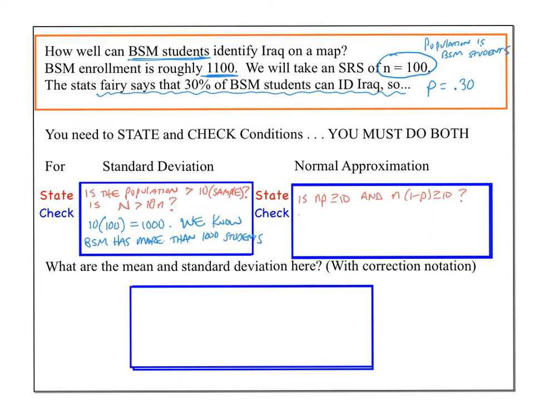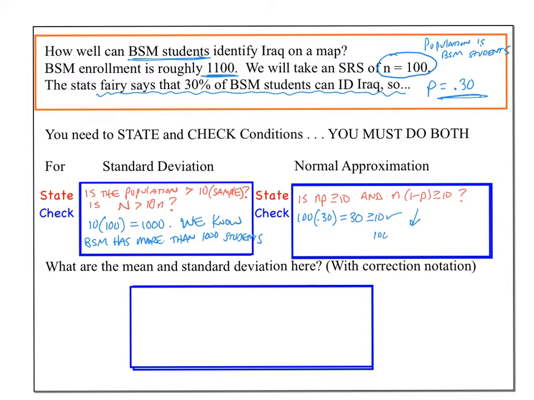N is our sample size, 100. P is our population proportion of 0.30. When we multiply those, we get 30, and 30 is greater than or equal to 10. So that works. And then we're going to check this condition.